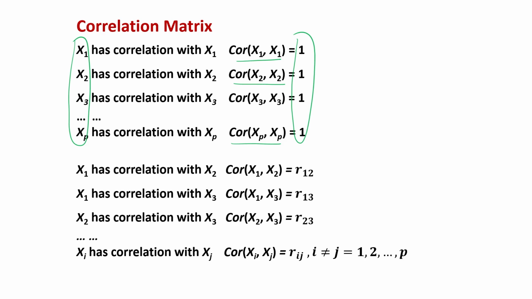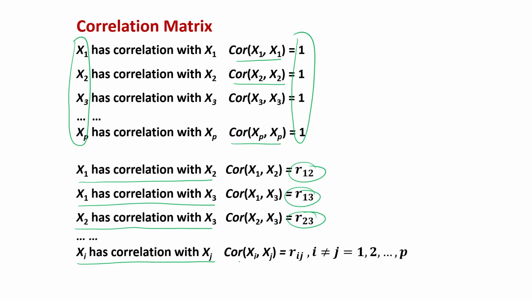Now you have to look at all the other pairwise correlations. x1 has a correlation with x2, R12, x1 has a correlation with x3, R13, x1 has a correlation with x4, x5, up to xp, and similarly x2 has a correlation with x3, R23, and so on. In general, xi has a correlation with xj, which is Rij, with i not equal to j, going from 1 to p.